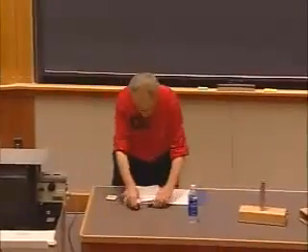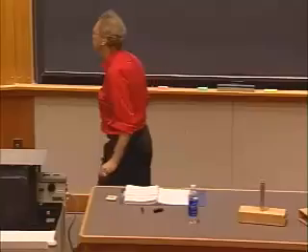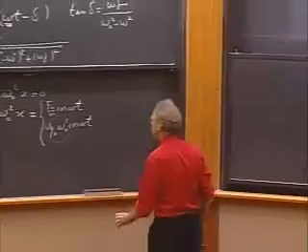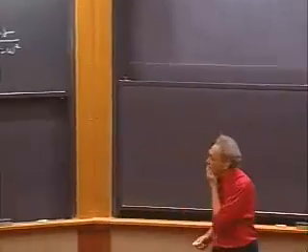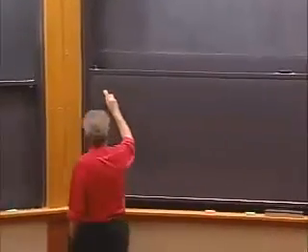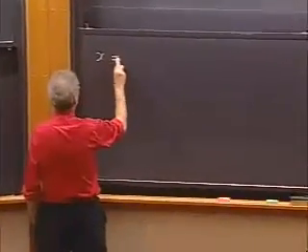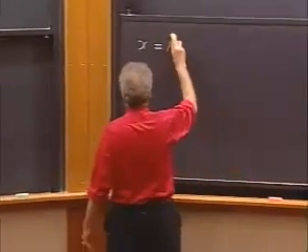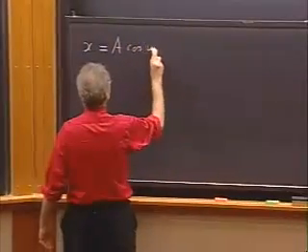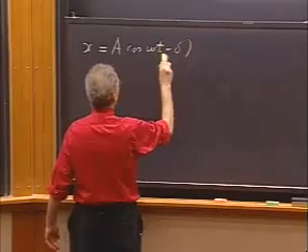And so I will write down now the general solution, which is the one that governs a major part of the lecture today. So x, now a function of time, is the steady state solution, A cosine omega t minus delta.